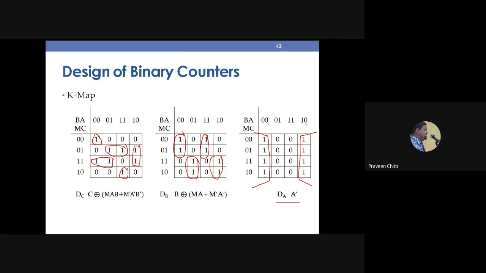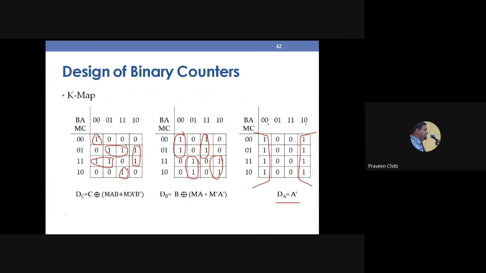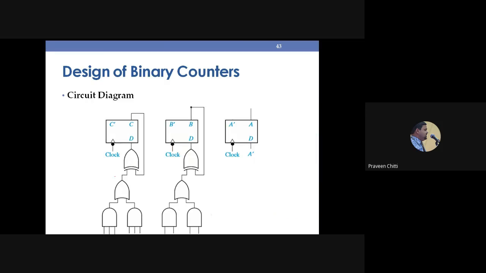This is simple actually. Getting that table is important. Once you get this table and write the correct flip-flop inputs, then you take these for each of the K-maps, simplify, and you will get these equations: DC, DB, DA. The last step is using these equations and the 3 flip-flops to draw the diagram. So here I have shown 3 flip-flops.